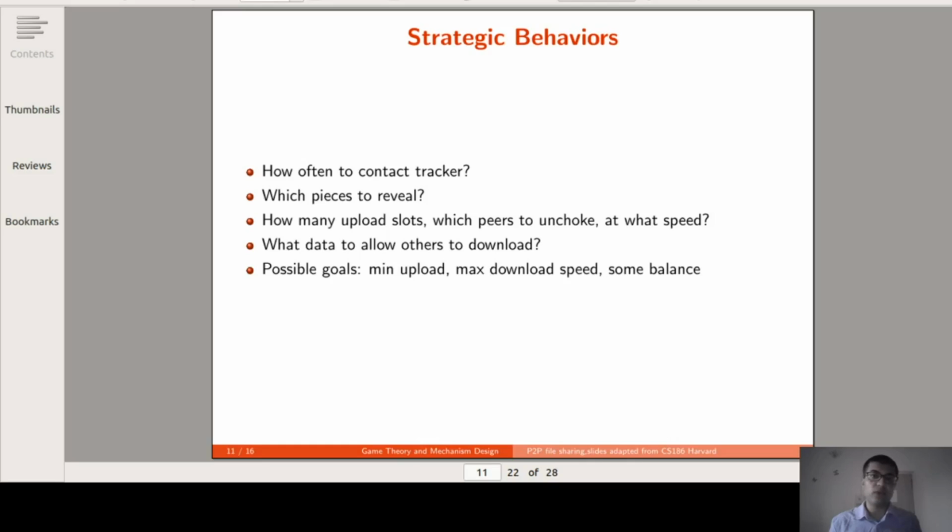Another is which pieces to reveal. If there is a very desirable piece of the whole file which is much sought after, then by revealing that you can get a lot of traffic towards you. And then how many upload slots, which peer to unchoke, and at what speed, etc. We'll see some of this.